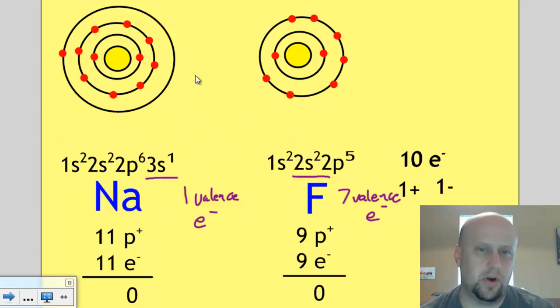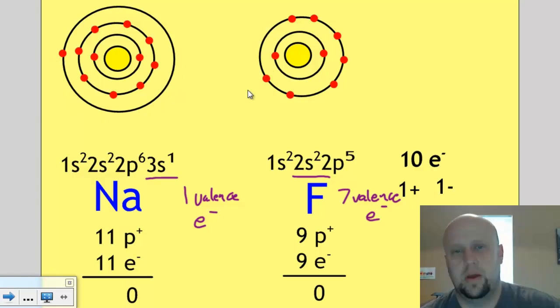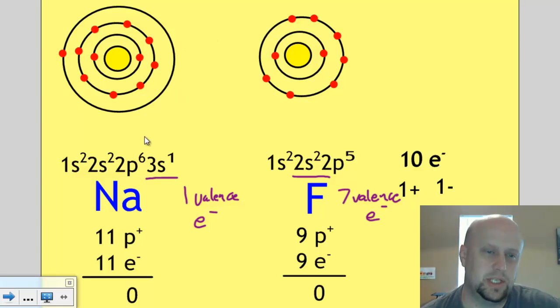So if you look at the drawings, you can sort of tell the same thing. How many electrons are in their outermost shell? Well, sodium has 1. Okay. Fluorine has 1, 2, 3, 4, 5, 6, 7. And so what happens very often in compounds, and this is an example of what we call an ionic bond, we'll talk about those in the next unit, is that sodium is going to give up its electron.